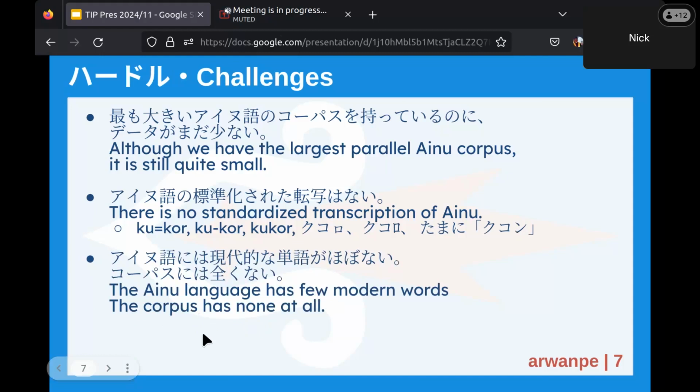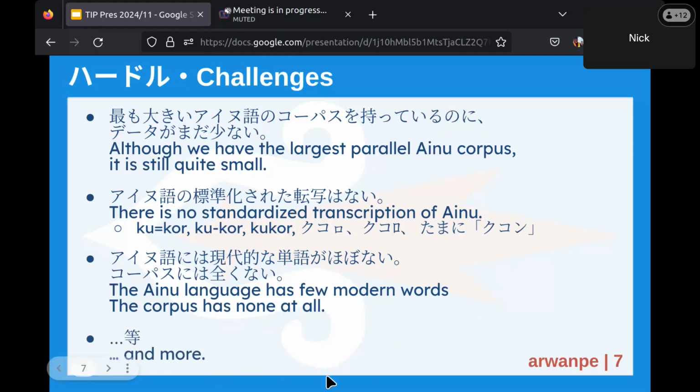And because of that, translation into Ainu can be difficult. If you want to say, I went to the cafe and ordered a macchiato, you can't say that in Ainu. There are no words for it. So this is one of the hurdles that I hope the Ainu community as a whole can overcome in the future in the process of revitalizing the language.